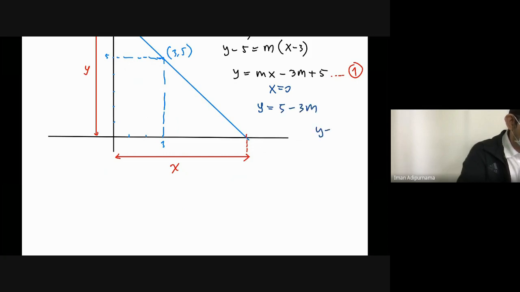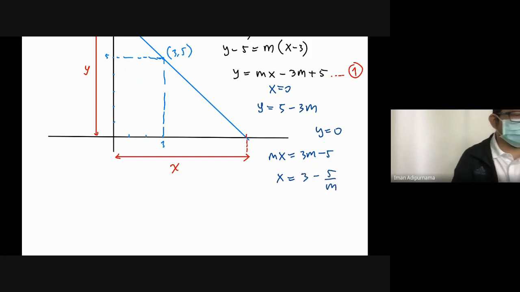When y is 0, then x will be, let me write one by one, mx will be equal to 3m minus 5, so x will be 3 minus 5 over m.